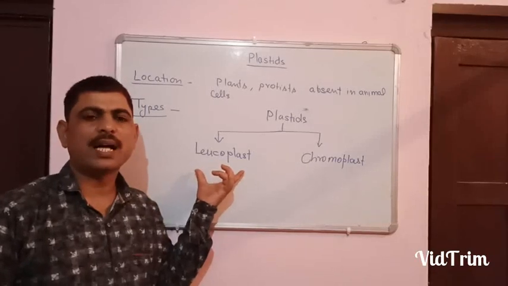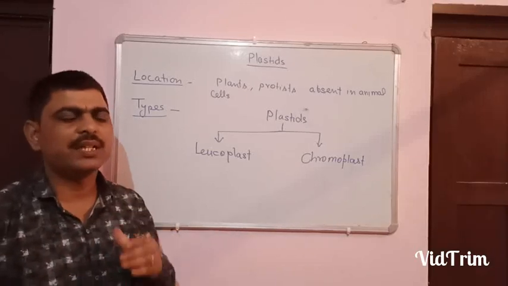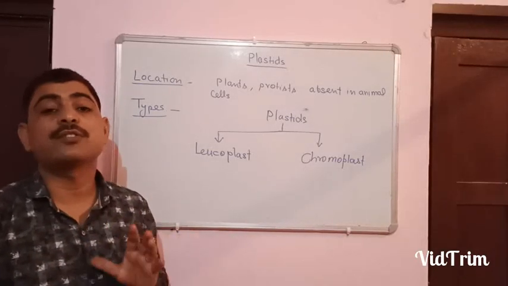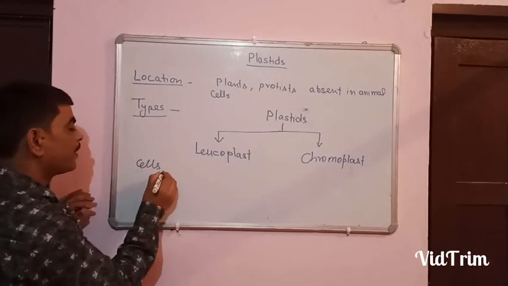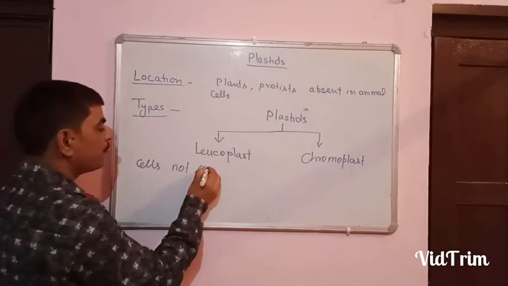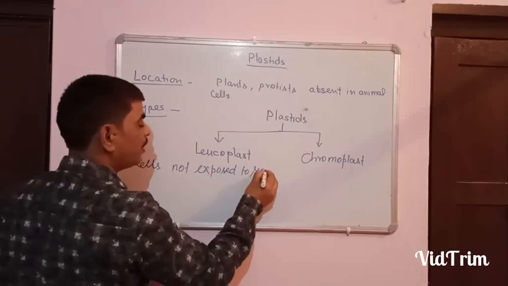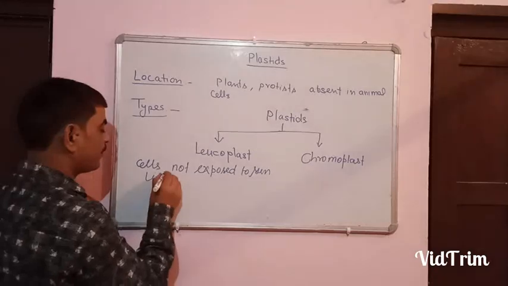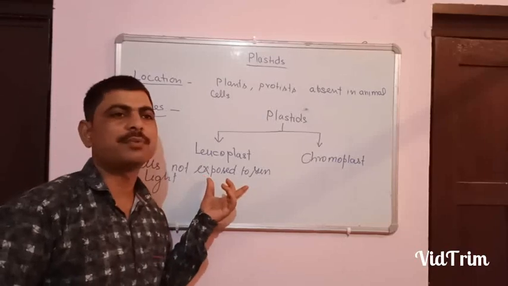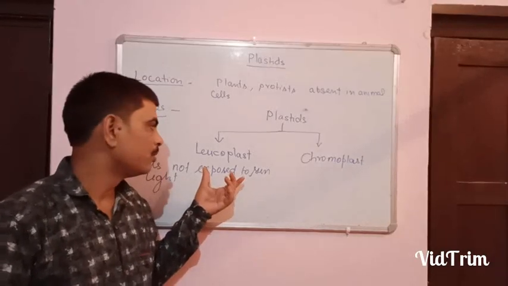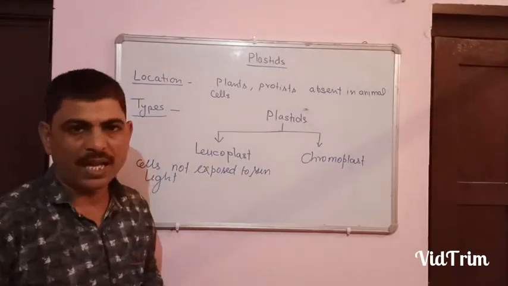Leucoplasts are the type of plastids which are present in the cells not exposed to sunlight, means those cells which are not in front of the sunlight, on which the sunlight will not fall. That type of cell will have the leucoplast.